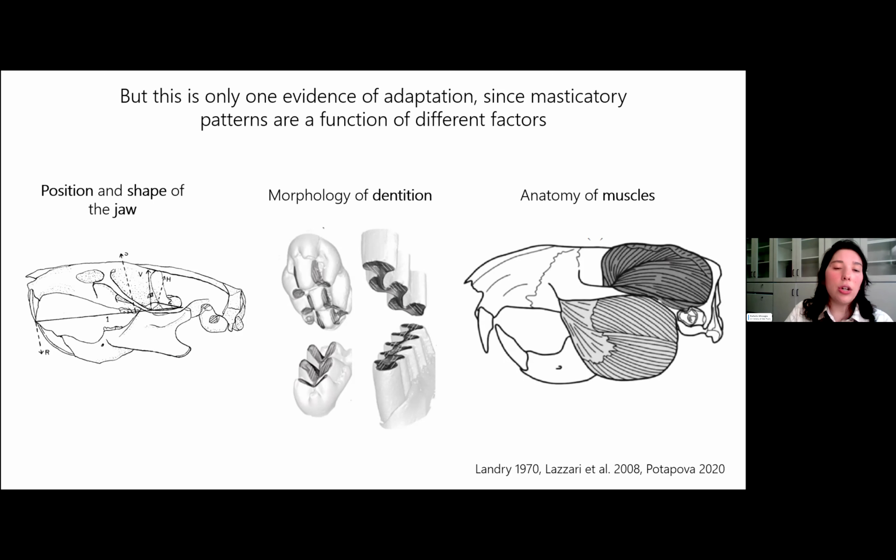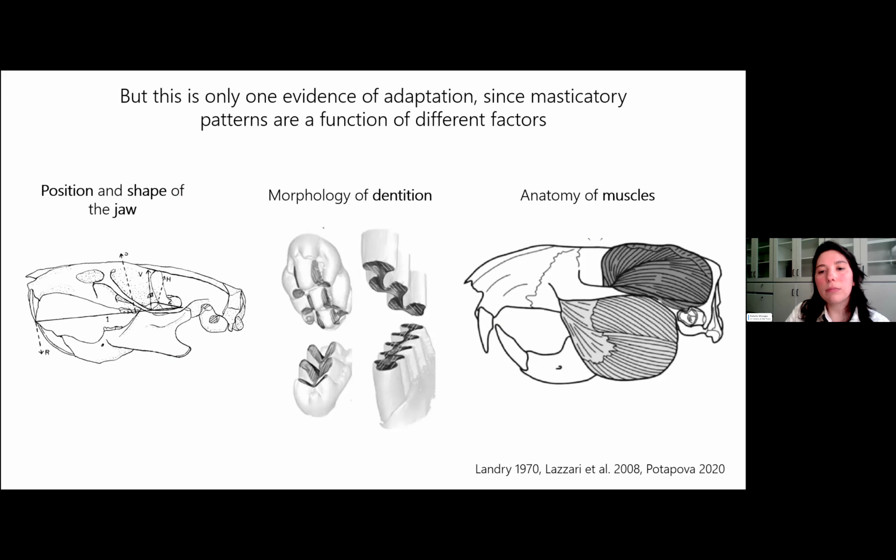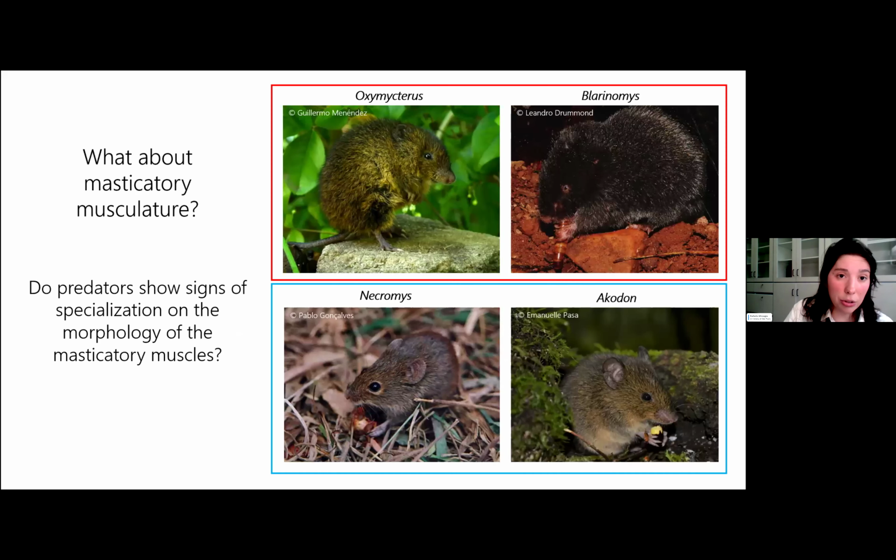We should consider not only the shape and angle of the jaw, as we just did, but also teeth morphology, and of course the anatomy of the muscles, or masticatory muscles in this case. So to dig deeper into this, we decided to take a closer look at the muscle morphology of akodontines.